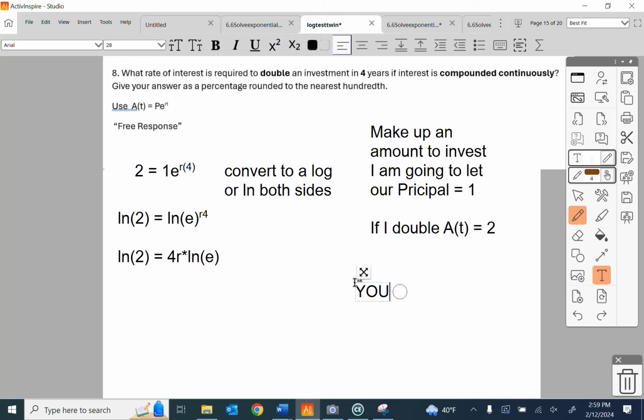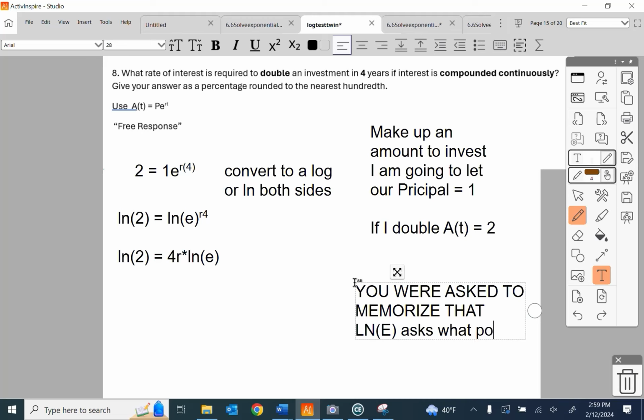And again, you were asked to memorize that ln e asks what power of e creates e, and that answer is 1.